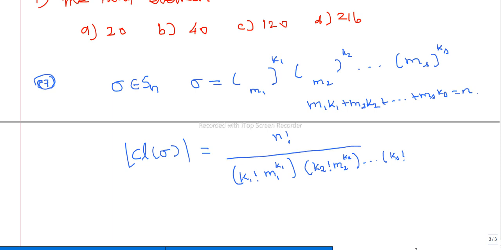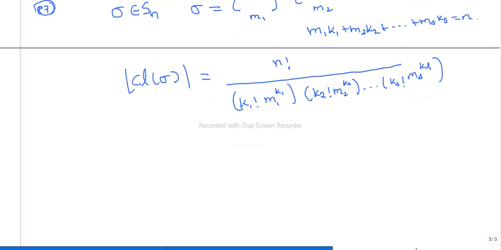So if sigma has m1 cycles k1 times, m2 cycles k2 times, etc., ms cycles ks times, the number of elements in CL of sigma is this. Okay, so this is the formula.